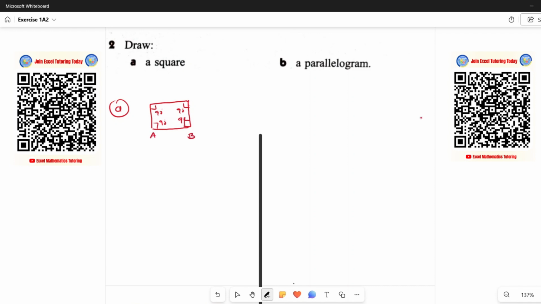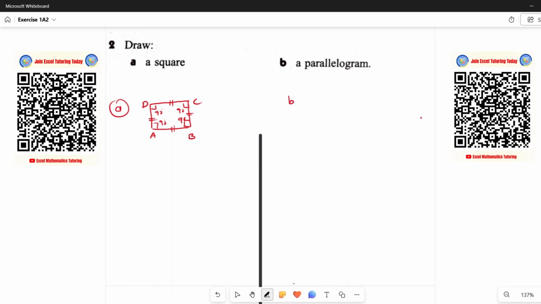So A, B, C, D is a square with each side the same, which means every opposite side is parallel and all sides are of equal length.